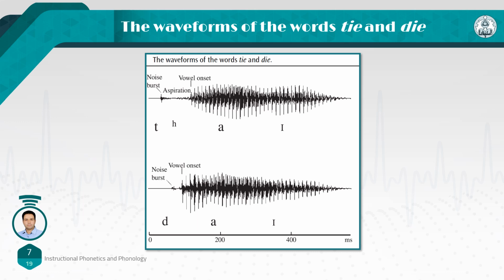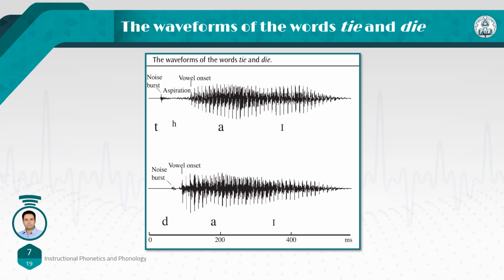Now, look at the second word, "die." In "die," the noise burst is smaller. Look at the beginning and compare it with "tie," the noise burst of t and the noise burst of d. Here, as you can see, the noise burst is smaller, and there is very little gap between the burst and the start of the wave for the vowel.